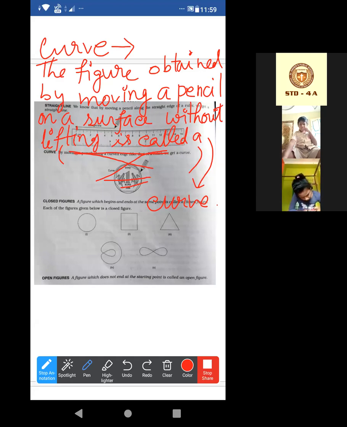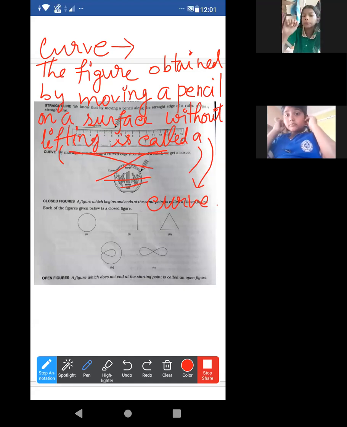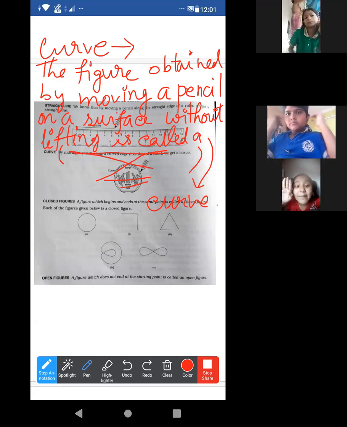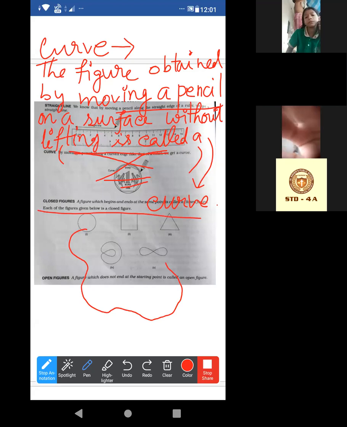All of you retain this one? I am waiting for 1 minute. Note down this one. The figure obtained by moving a pencil. Suppose we are taking a pencil and we have started to draw this on a surface. Surface means this face, this place.